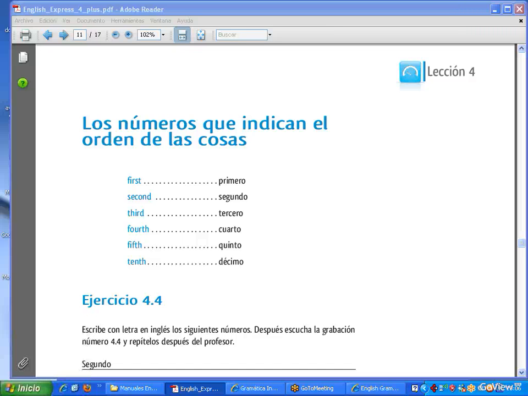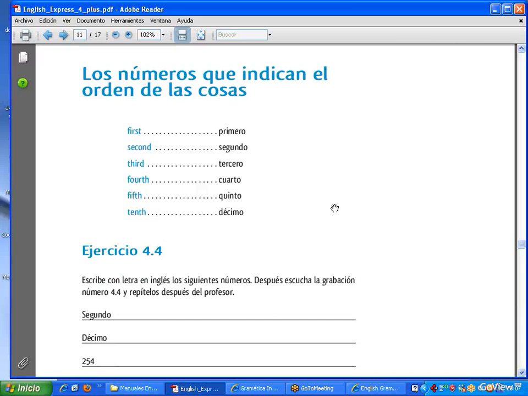Now, you can write the letters in English after listening to the recording or listening to me. You have to write all these numbers. So segundo, second. Okay, second. How would you write that in words?